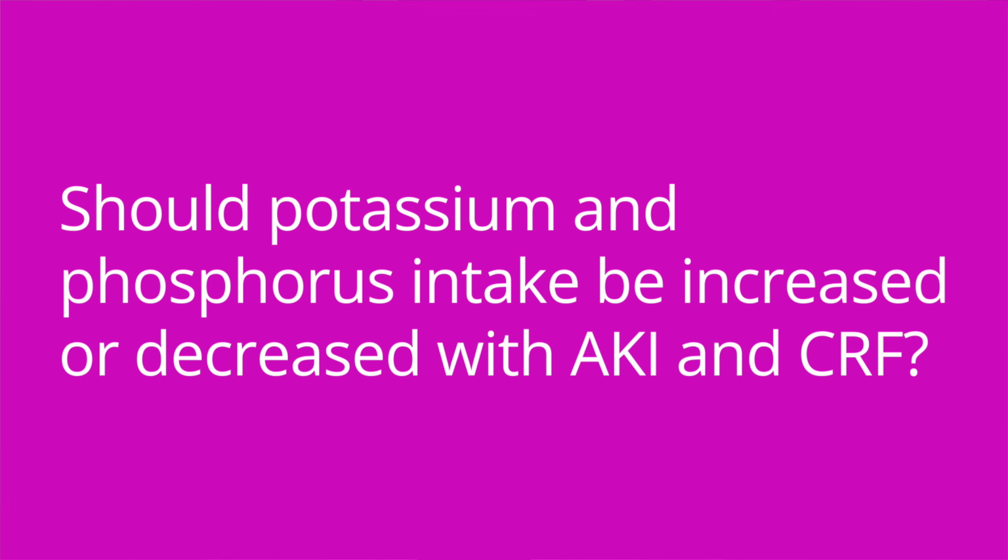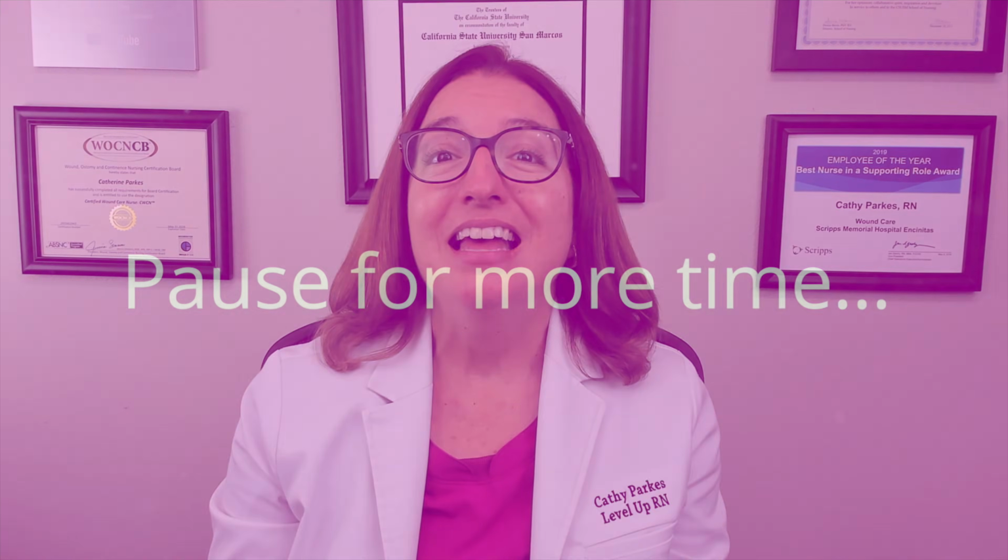The answer is kidney dysfunction causes a decrease in erythropoietin production, which is required for red blood cell production. Question number 5. Should potassium and phosphorus intake be increased or decreased with AKI and CRF? The answer is decreased.